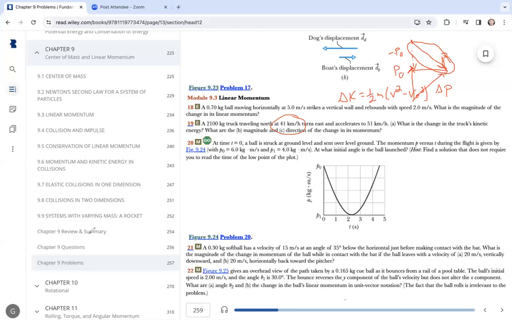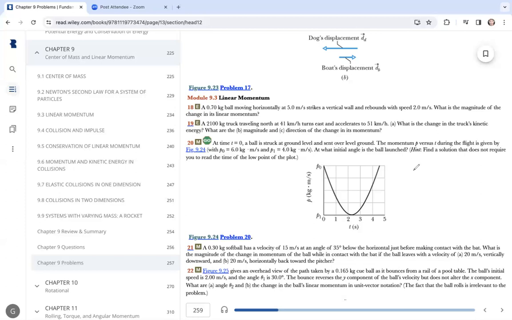Number 20 is, they give you the initial momentum, okay? And they tell us that this is the initial momentum, this is the final momentum. And at what initial angle was the ball launched?